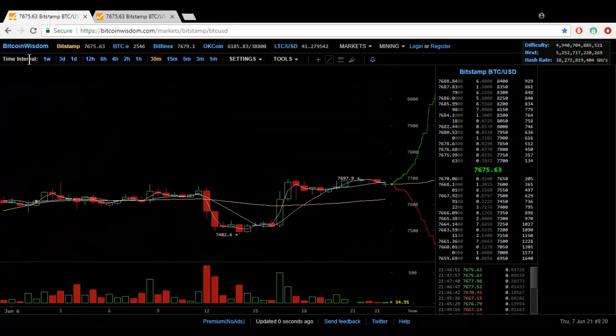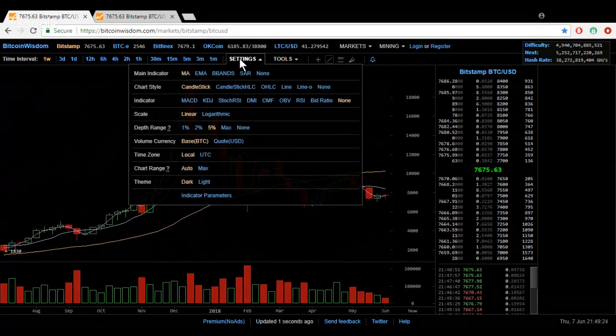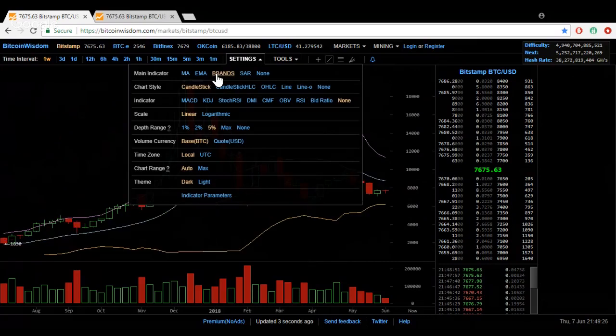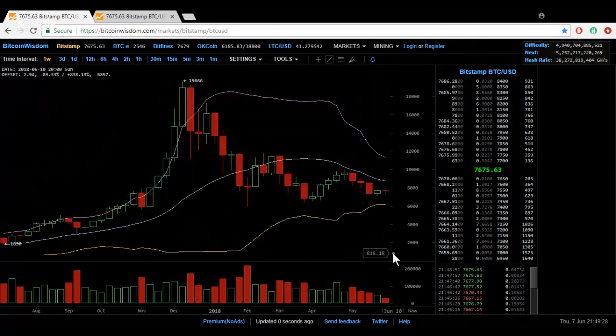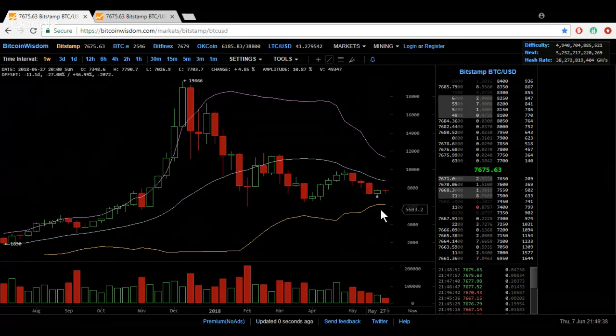Okay, back to the weekly chart. Take off the moving average. And let's start looking at some other things. Bollinger Band, we've talked about it over and over again. This is in a negative configuration until we either break through the midline or we break through the lower line, which could give us a buy signal.